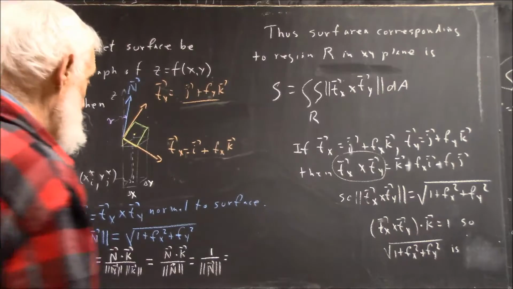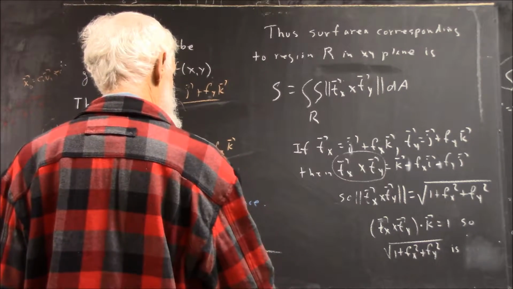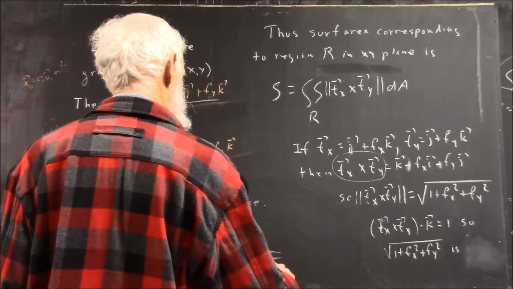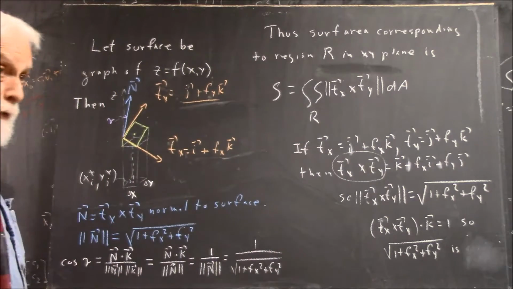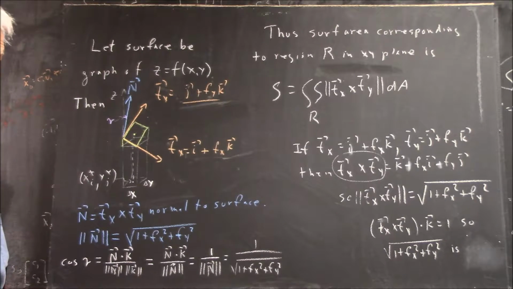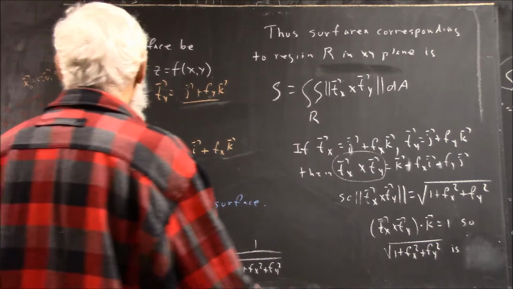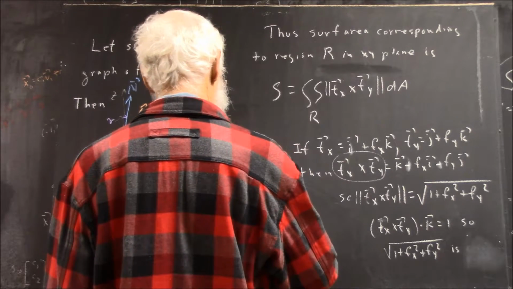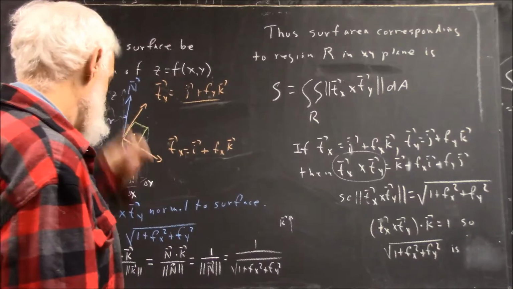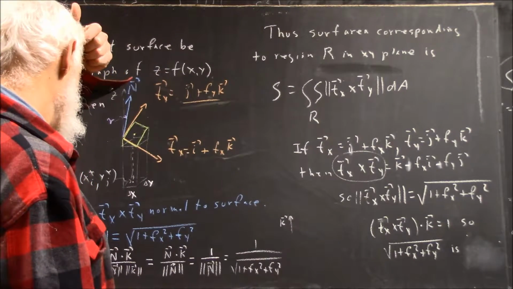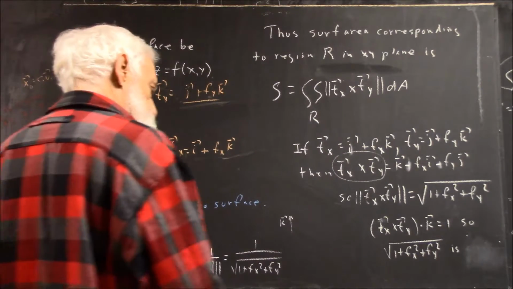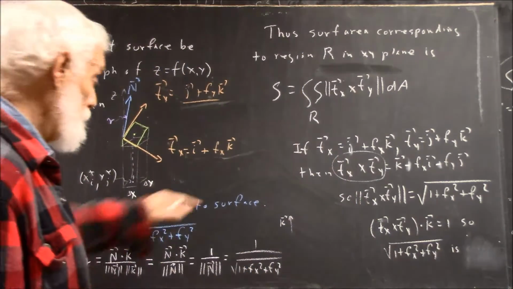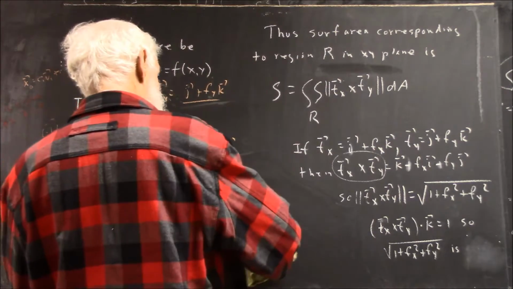So that would be 1 over this. Now, simple picture. I keep wanting to come back to the reciprocal of cosine gamma, which is what I'm getting to. It's not a reciprocal, it's just this.